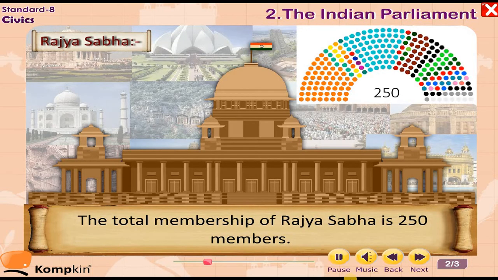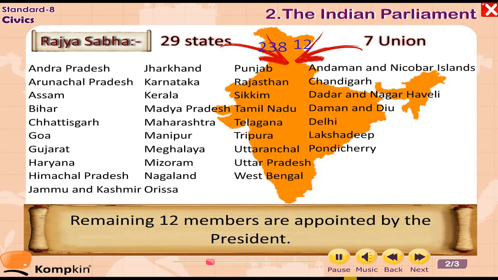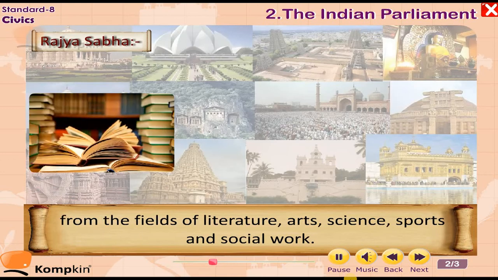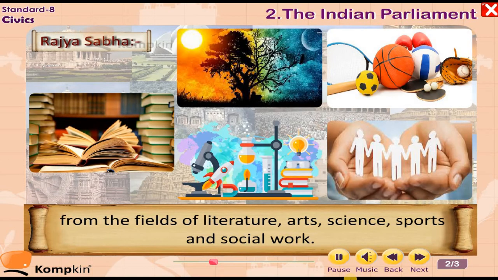The total membership of Rajya Sabha is 250 members. Among them, 238 members are elected from the constituent states and union territories. The remaining 12 members are appointed by the President. These members are usually experienced and distinguished personalities from the fields of literature, arts, science, sports and social work.